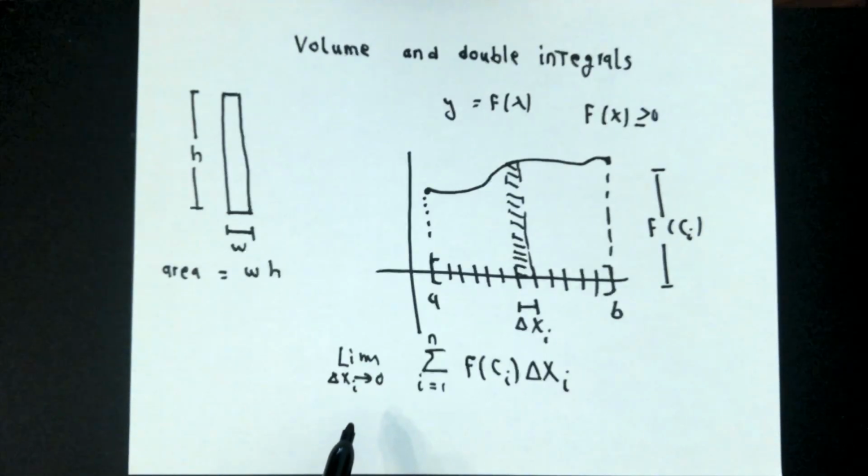If this limit exists, we made up a new name for it, and if it doesn't, then we say that this new symbol doesn't exist.